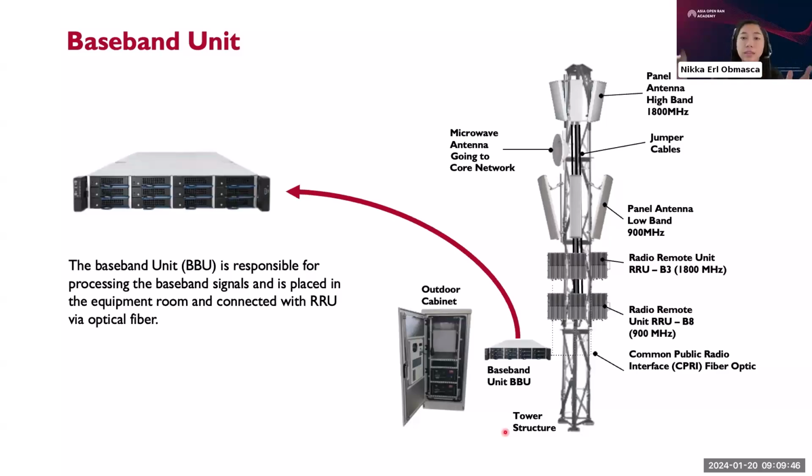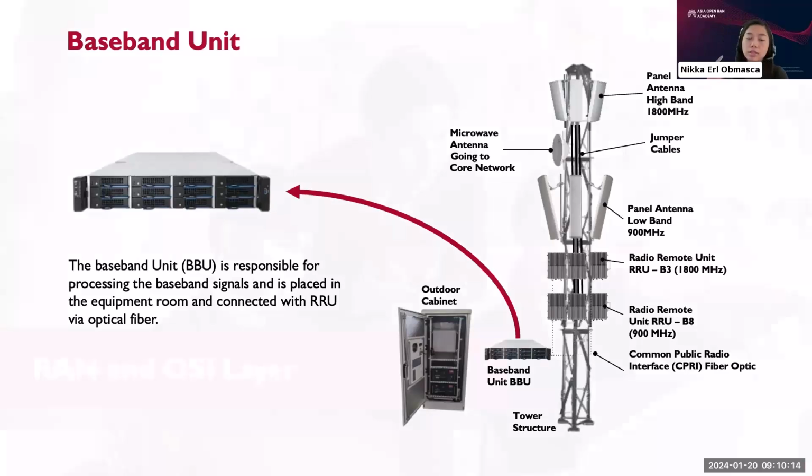So it plays a really essential, critical role in the RAN. Without it, I think we won't be connected to the wider network, and we cannot access a wide range of the services that we're using today.